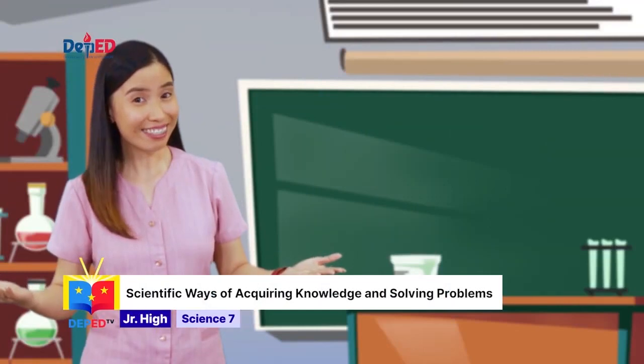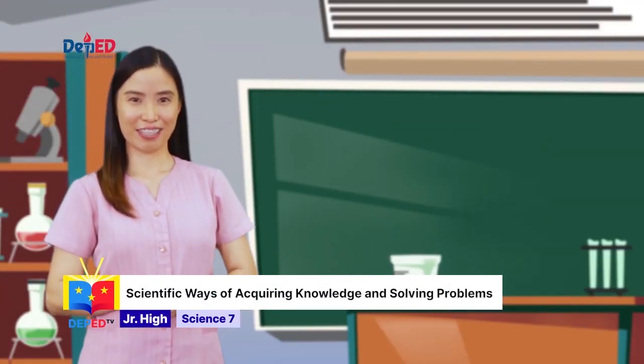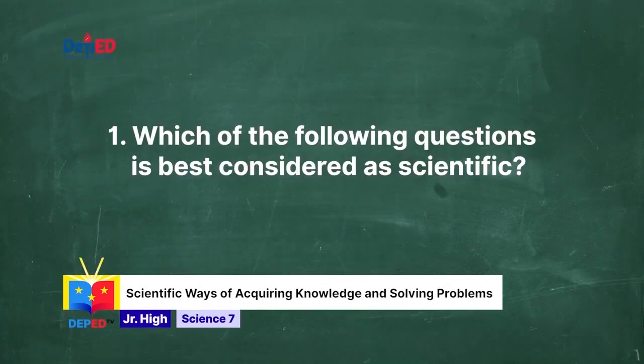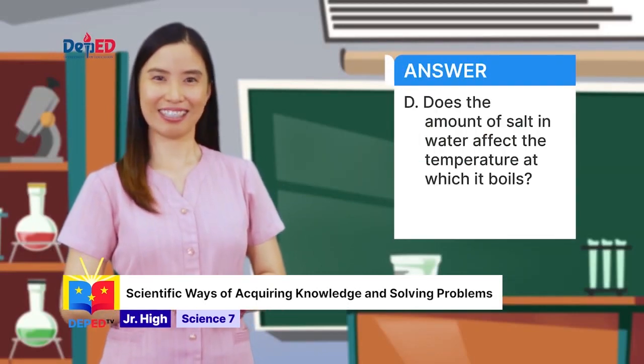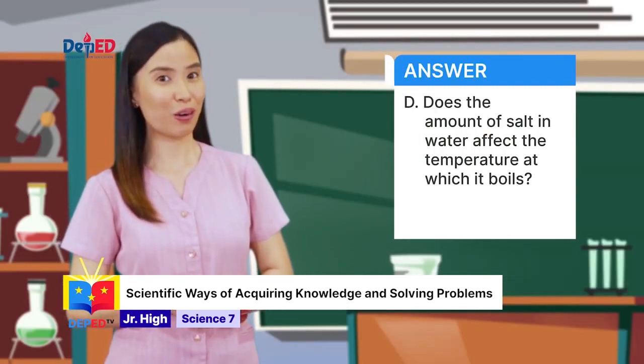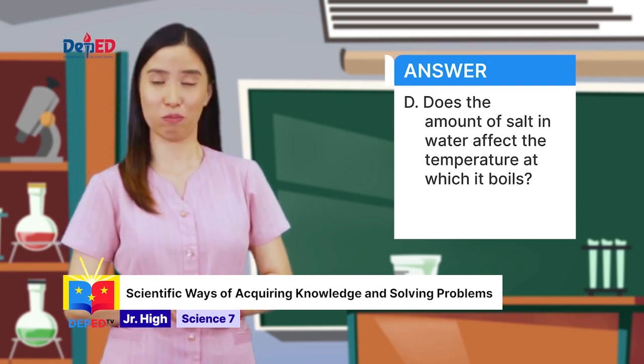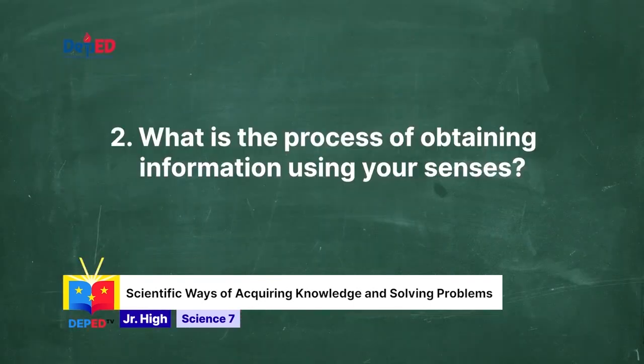Are you done? Let us check your answers. Number 1. If your answer is letter D, that is correct. Does the amount of salt in water affect the temperature at which it boils? Number 2.